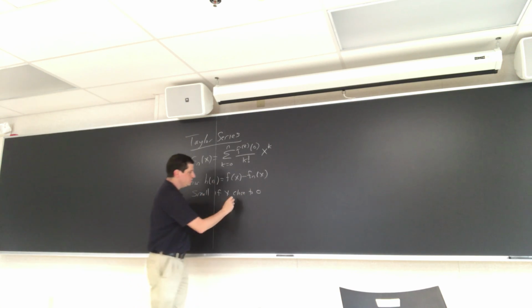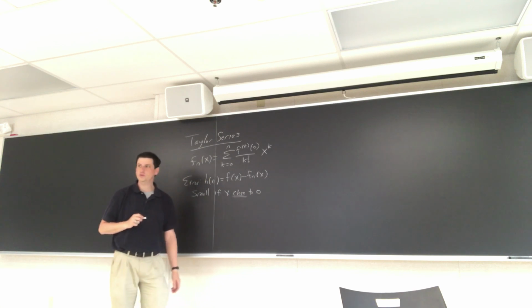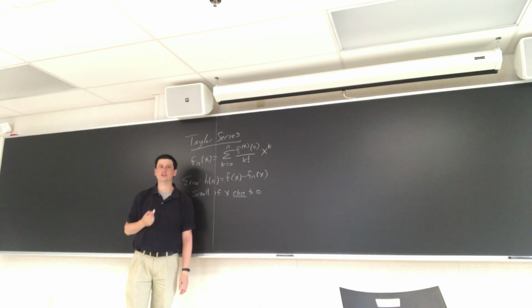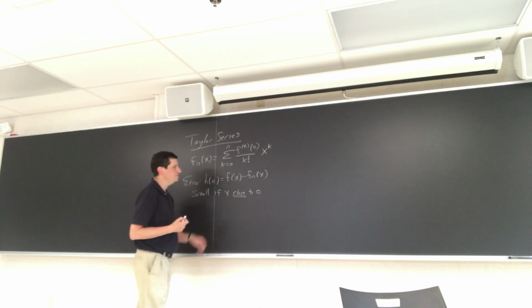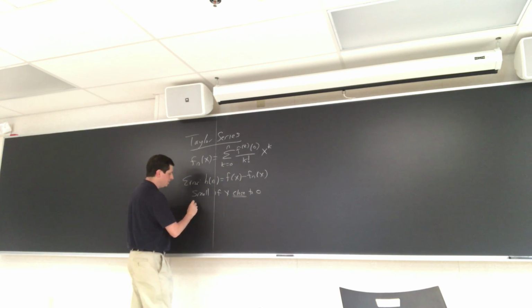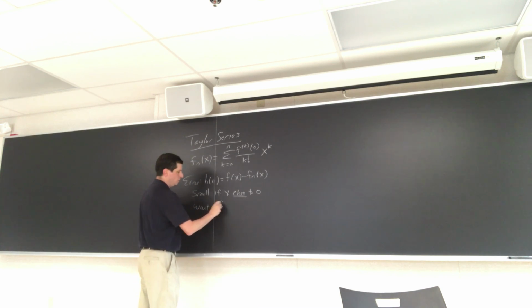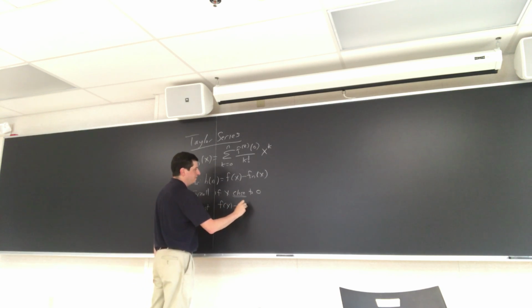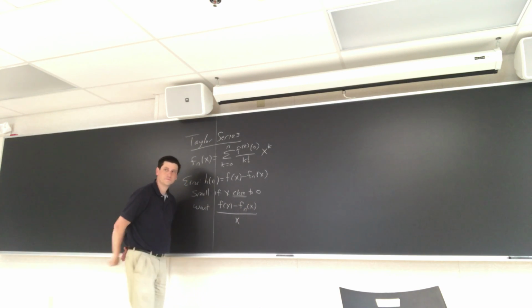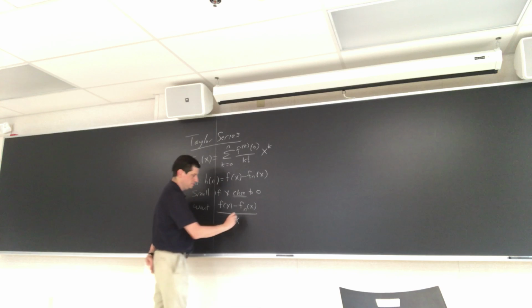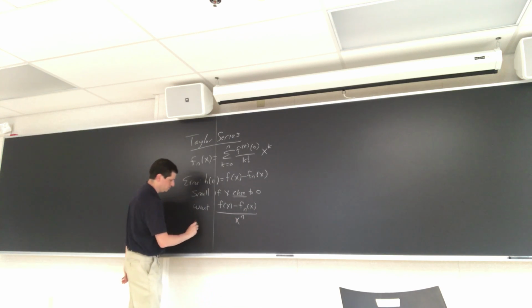But what we really need to do is explain what we mean by close. Close relative to what? And it's got to be close relative to x. So in fact, we want f of x minus f_n of x, our approximation, divided by x to the n to be small.